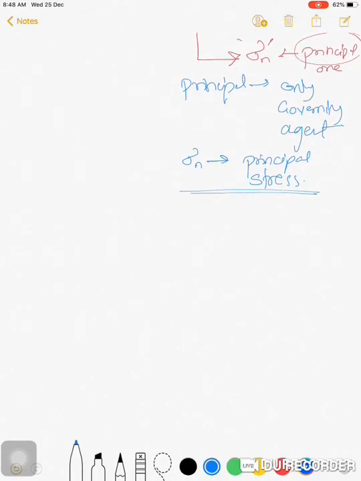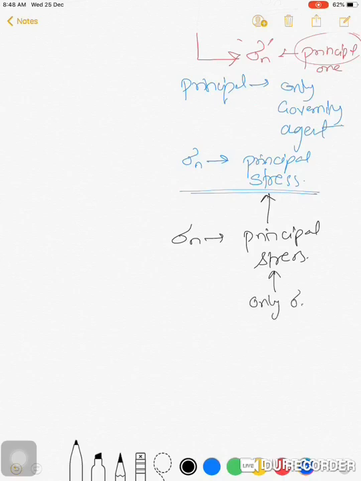Thus we can conclude that we call the normal stress as principal stress when it is the only normal stress that is free of shear.